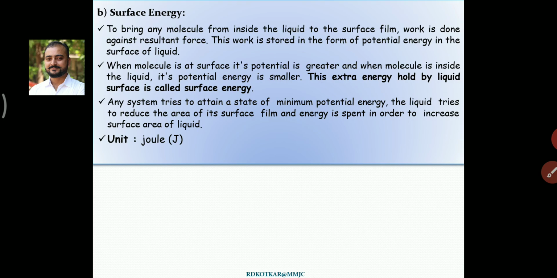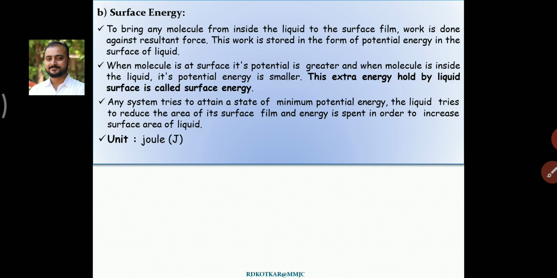So the reason behind that is simple: they will try to minimize the surface area of contact. As they minimize the surface area of contact, the molecules have a smaller area of contact with the solid.